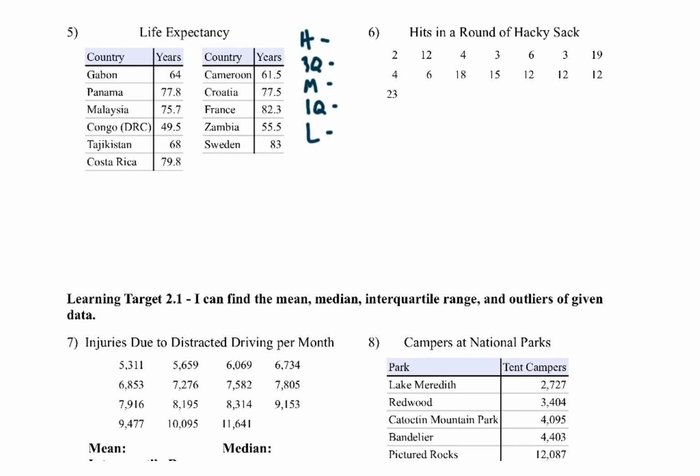Okay, so looking at this, the highest seems to be 82.3. The lowest, 49.5. Okay, so there's our low, there's our high, and we probably want to put these in order, don't we?